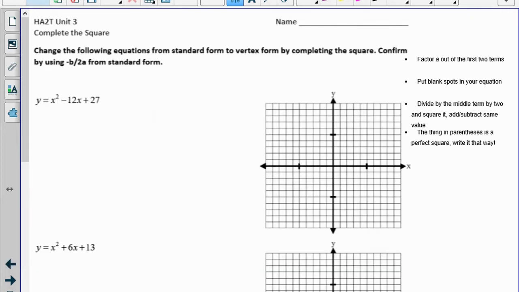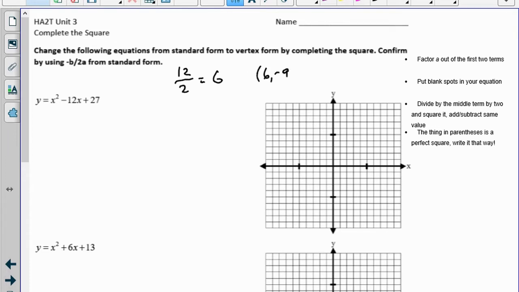Change the following equations from standard form to vertex form by completing the square. Confirm it by using negative b over 2a. We should know in the first problem that negative b over 2a is 12 over 2 times 1, so our x value of the vertex should be 6. When we substitute this back in, we're going to get negative 9.